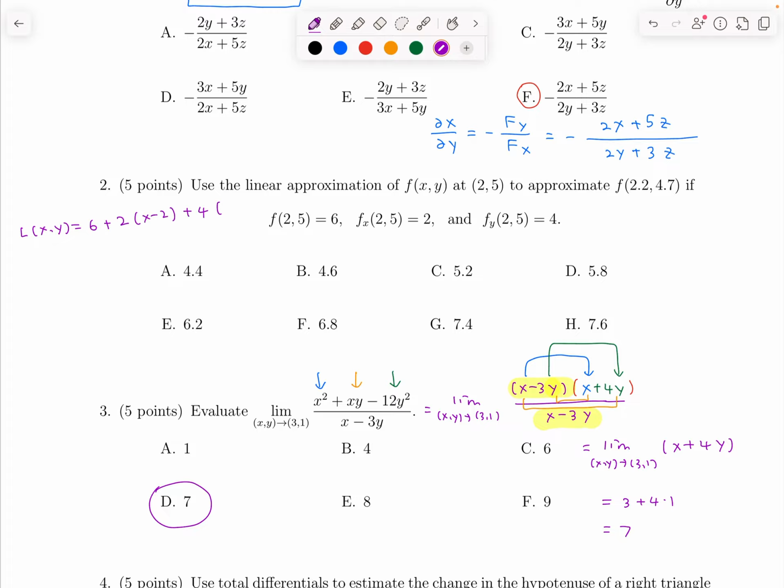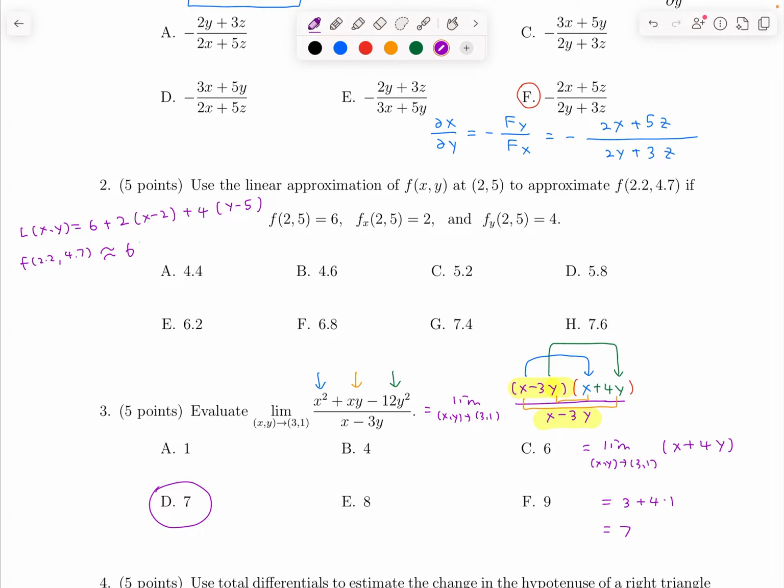Then for f of 2.2 comma 4.7, you simply plug in, and right here, remember to use this notation, approximately equal. So I will just plug in 2.2 for x and 4.7 for y directly.